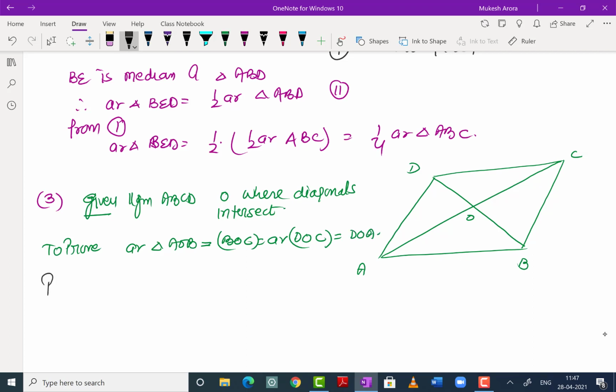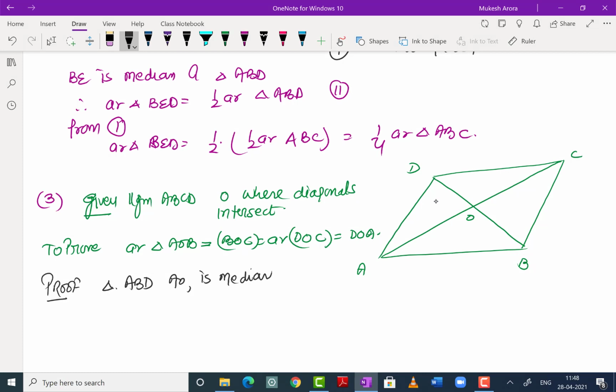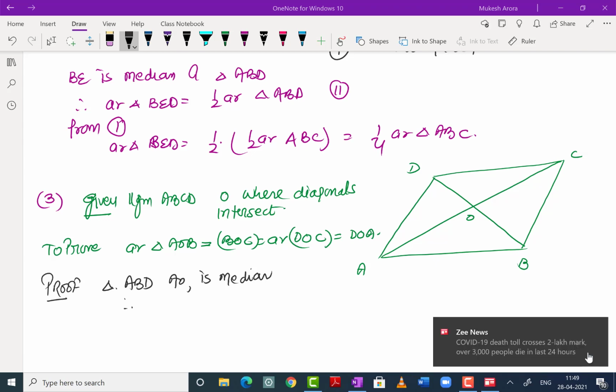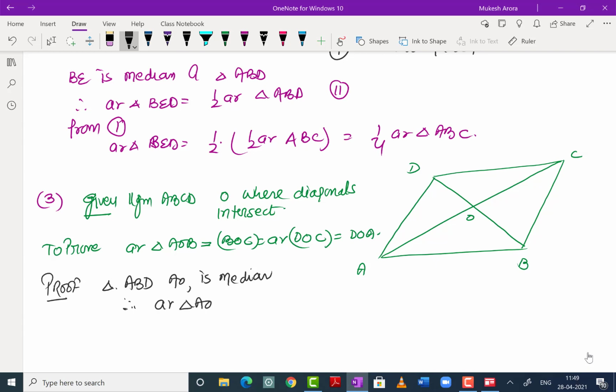Proof: triangle ABD, AO is median. Therefore, area of triangle AOB is equal to area of triangle AOD. This is one.